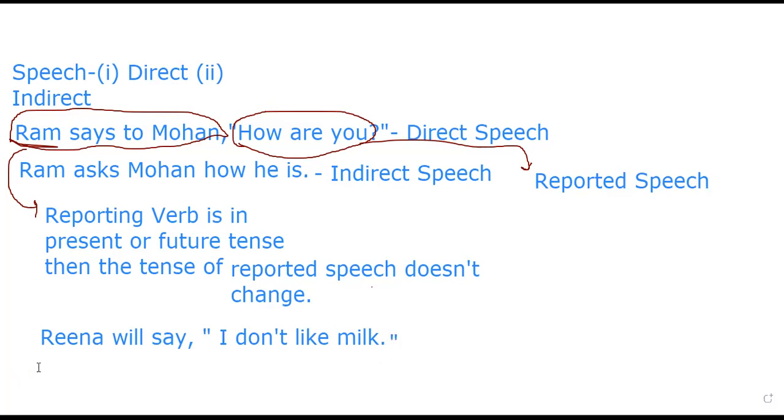So Reena will say that she doesn't like milk.